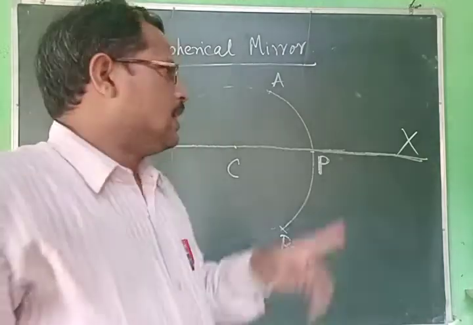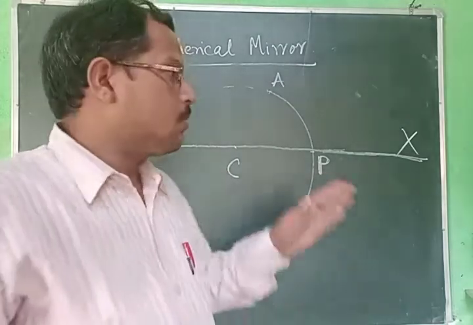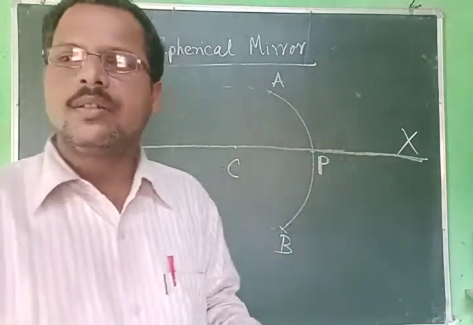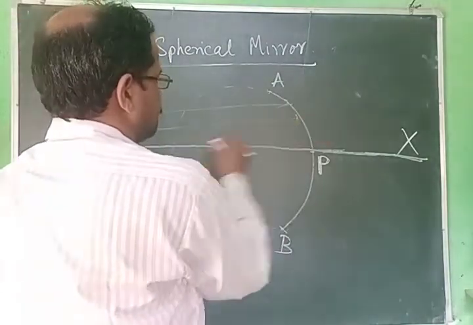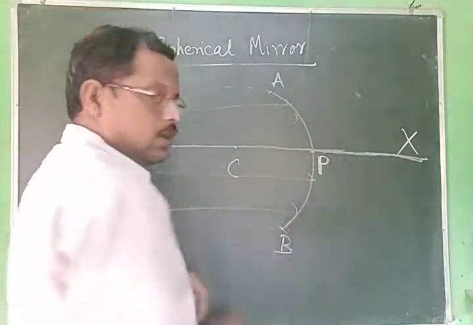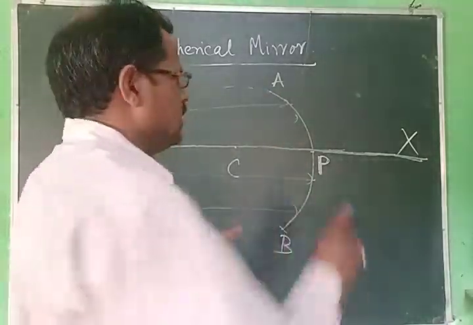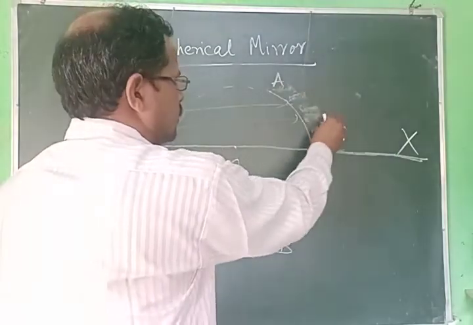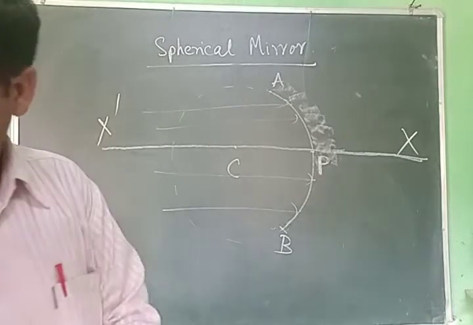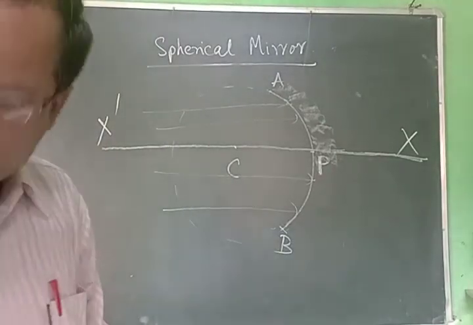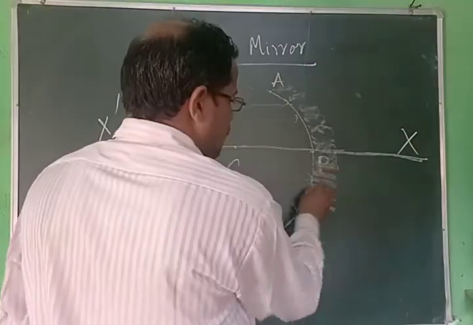Important point: light always comes from the left side, from this side. Because this is the reflecting surface, and on the back side there is nothing, it is coated here. As it is a mirror, not a lens, the back side has nothing.